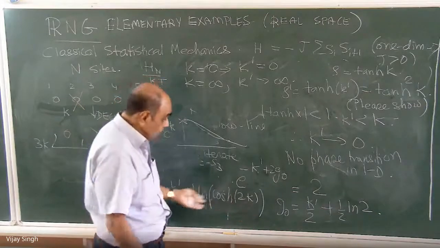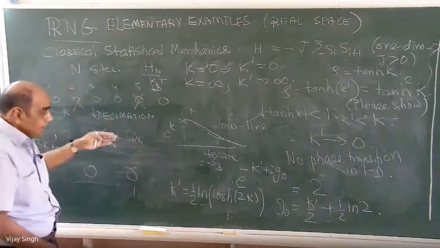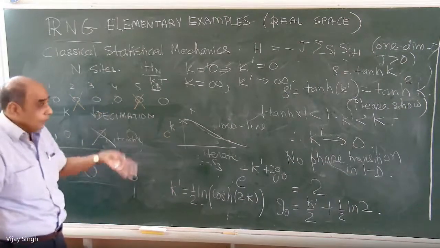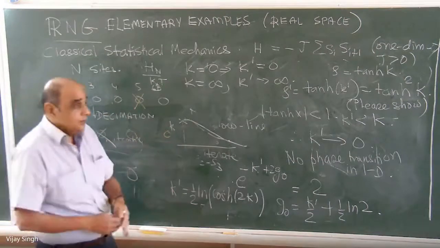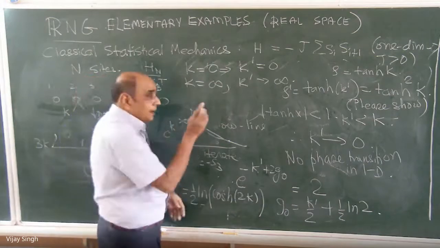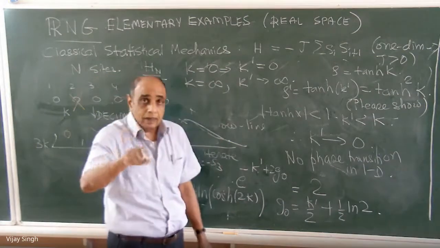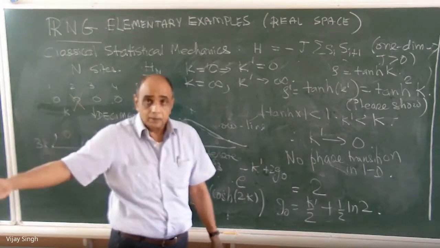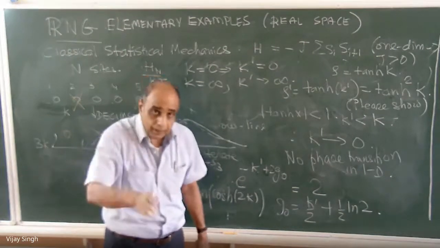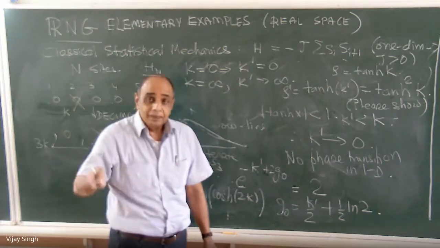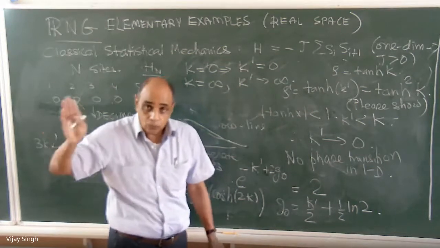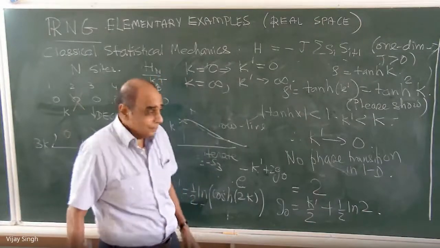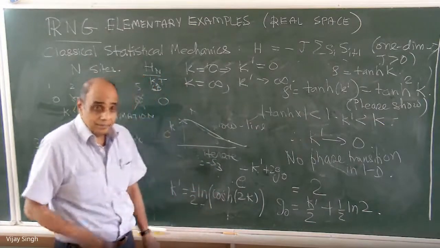The function has to remain the same because I am decimating in the same way. How is this procedure effected? The procedure is effected by saying that e raised to k prime plus 2g0 is equal to e raised to 2k plus e raised to minus 2k. Therefore, e raised to k double prime plus 2g0 prime is equal to e raised to 2k prime plus e raised to minus 2k prime. That's all that is happening. So it has to be the same.